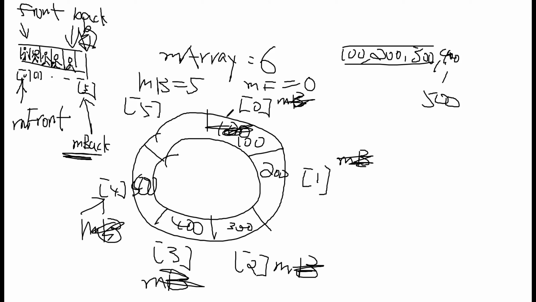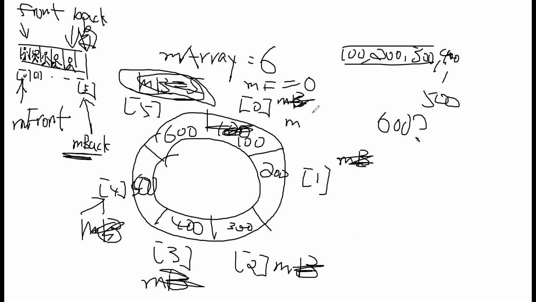You just think about it. Can I add 600? Just think about, based on this circular diagram, can I add it? If I added 600, then where is this m back index going to be? It's going to be updated to here, so it's 0, and this is a full condition.